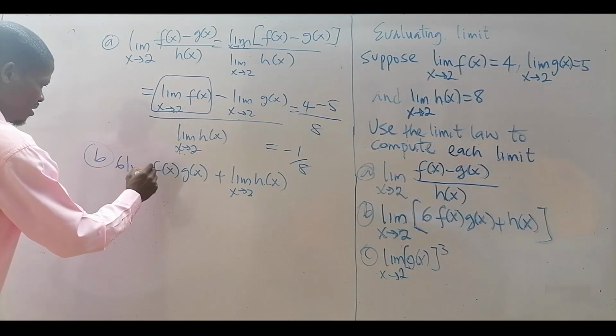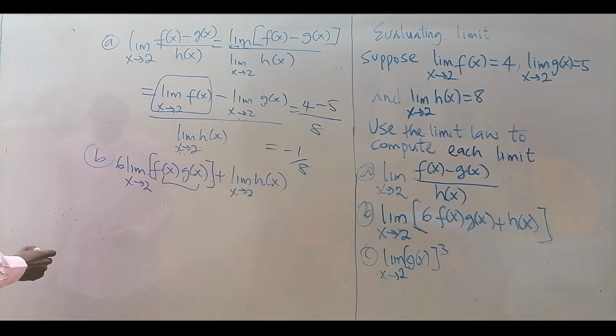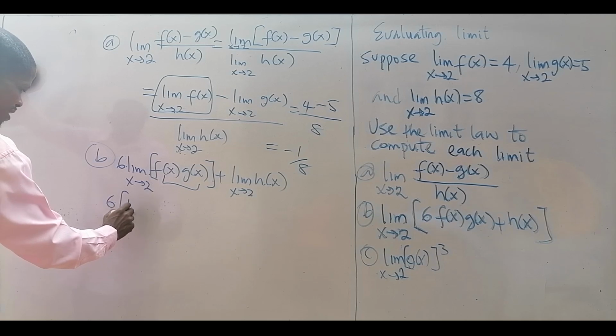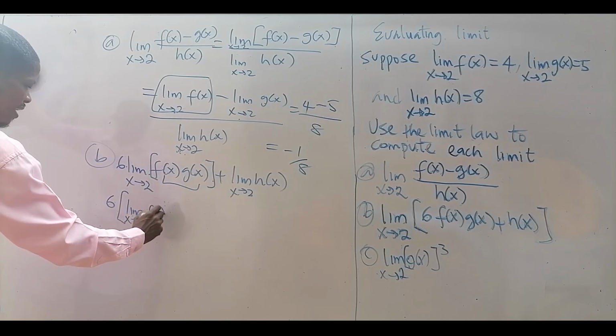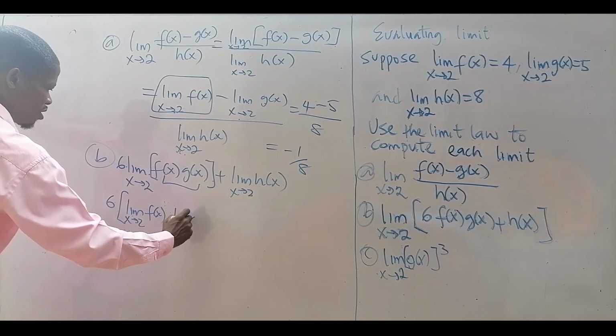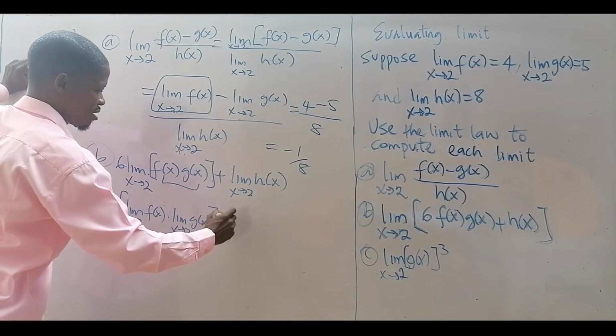In this case, these are two products, so you can open and close the brackets. This will be equal to 6 times brackets, the limit as x tends to 2 of f of x times the limit as x tends to 2 of g of x. Close your brackets, then plus this one.